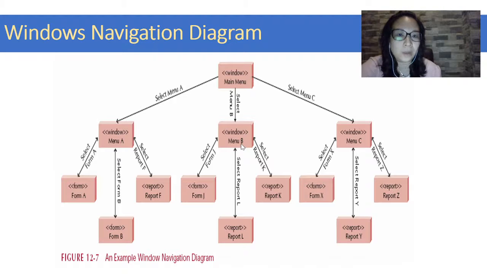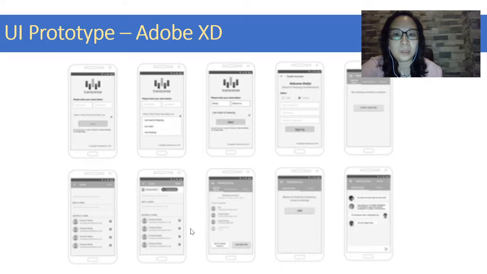So later on I will see how many forms you have, and then you need to define the user interface prototype also. Using this Adobe XD, you can define the real template. If you use a web application, then define it as a web application. If you use a mobile application, then make the prototype for the mobile application.